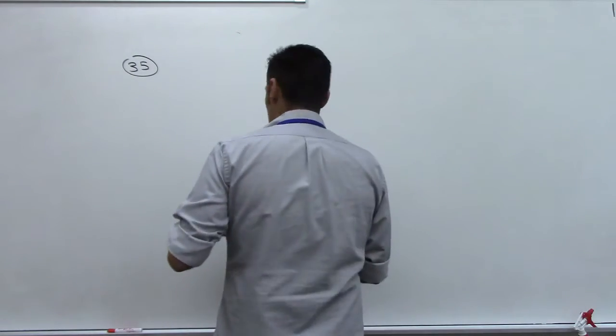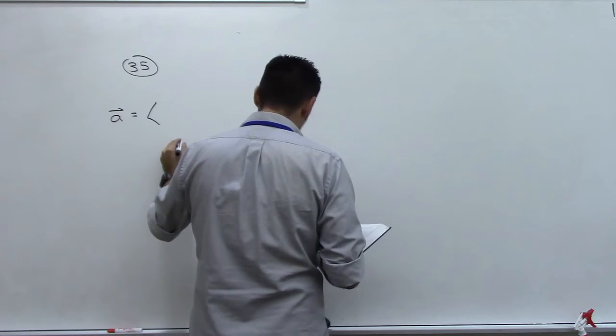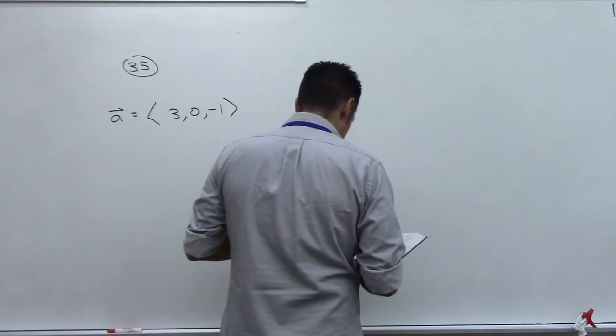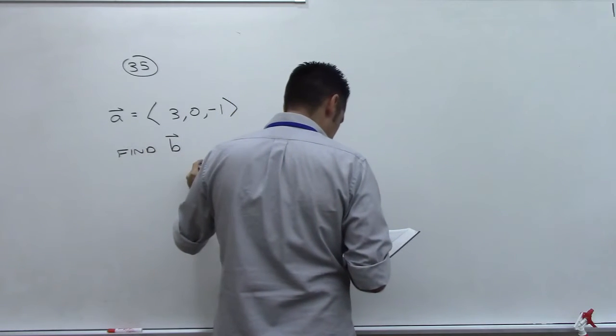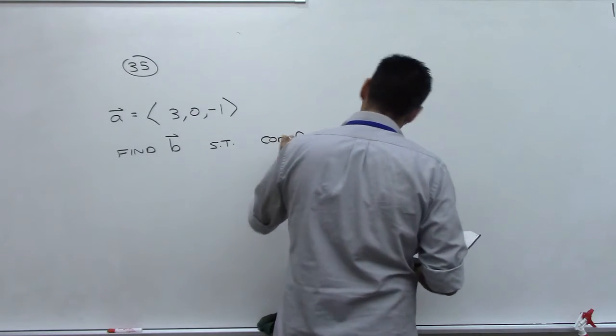It says if A is equal to the vector 3, 0, -1, find a vector B such that this is true.